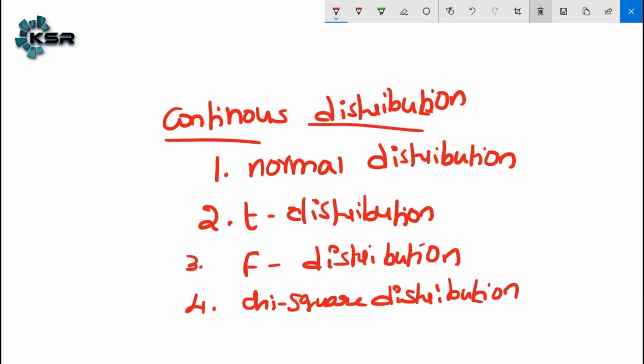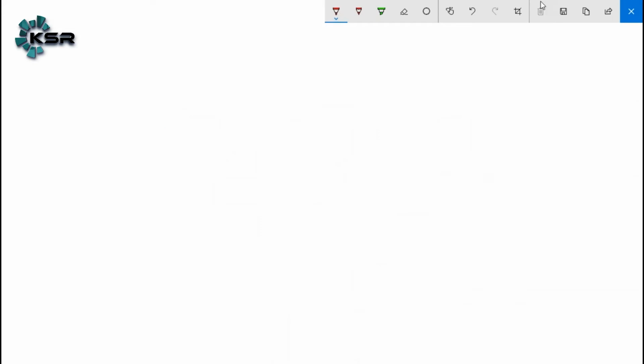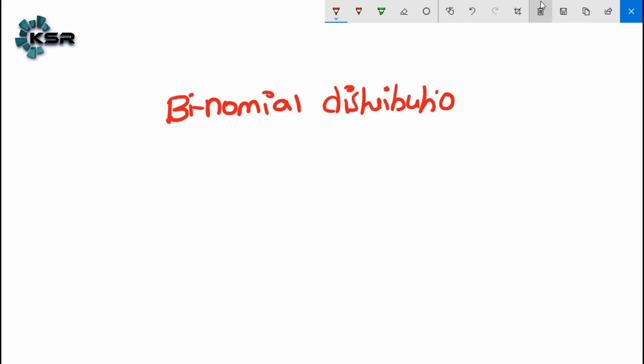Okay, let's have a discussion about the discrete distribution. Under the discrete distribution, the starting point is the binomial distribution. Binomial distribution means bi means two, nominal data. What do you mean by nominal data? Nominal data is nothing but classifying the categorical levels of a data.